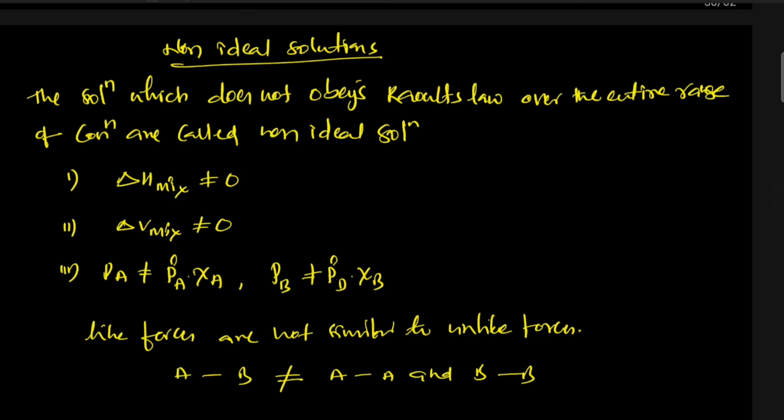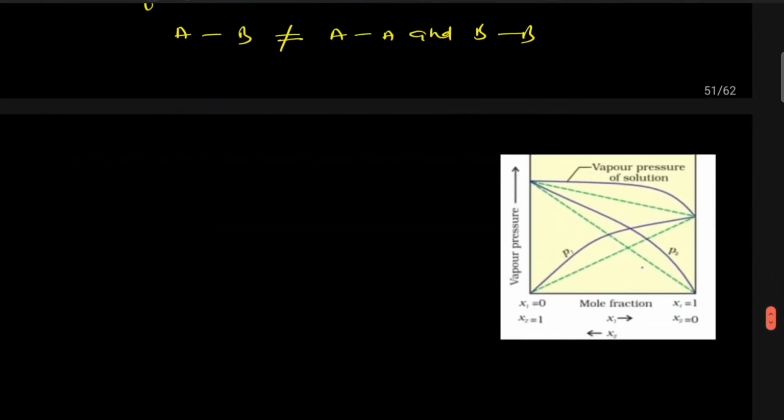Non-ideal solutions are further classified into two types. What are they? Solutions showing positive deviation and solutions showing negative deviation. Let's move on.